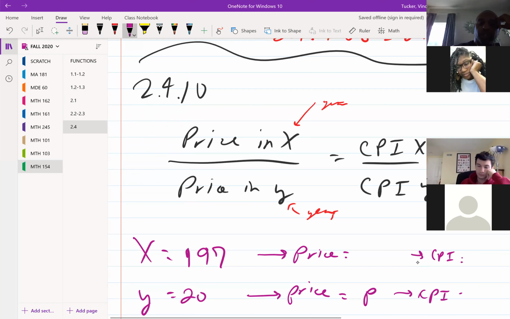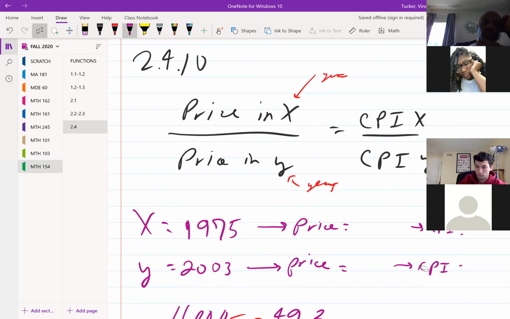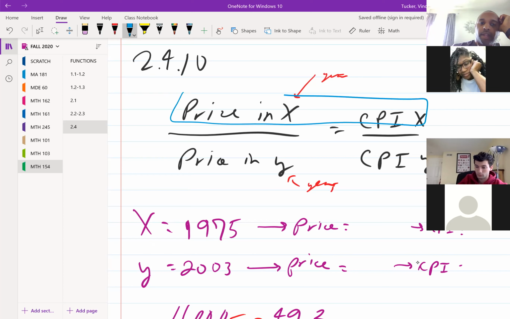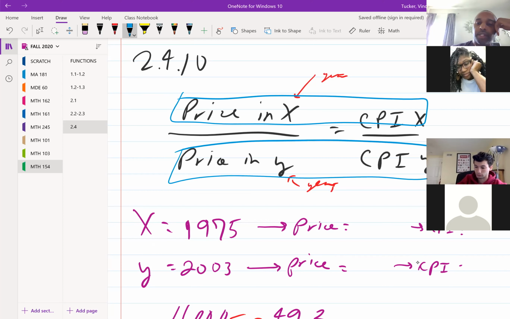So in this problem, we're looking at 1975 and 2003. Like I said, you just have to make sure you stay consistent, just like we did in the last proportion setup. If I'm calling 1975 X, my 1975 information will be on top, and my 2003 information will be down bottom.